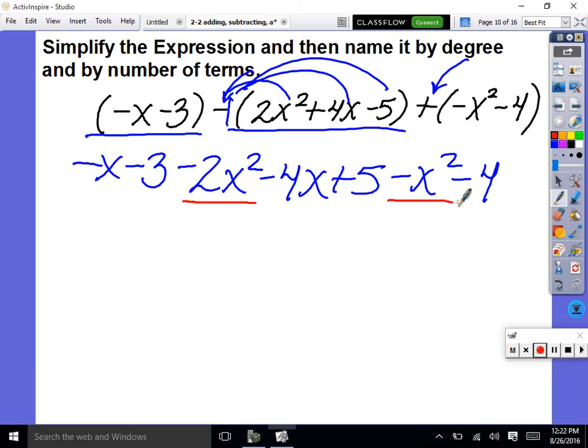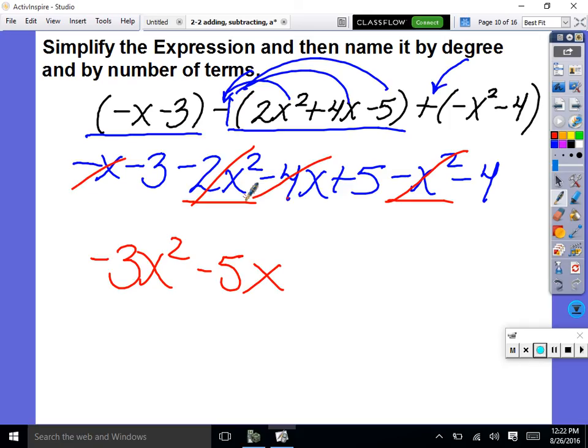Negative 2x squared minus 1x squared is negative 3x squared. Negative 1x minus 4x is negative 5x. So I'm just combining like terms. Negative 3 plus 5 minus 4. So negative 3 plus 5 is positive 2, right? Minus 2 is negative 2. So I simplified it. Is everybody comfortable with simplifying?